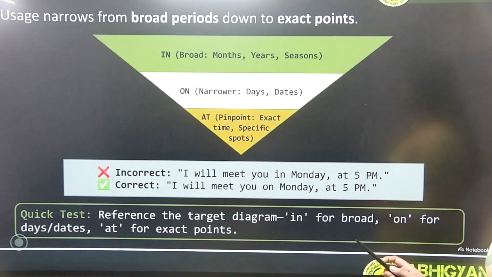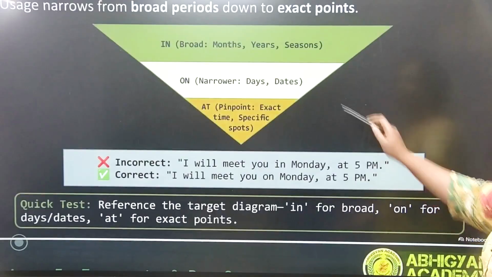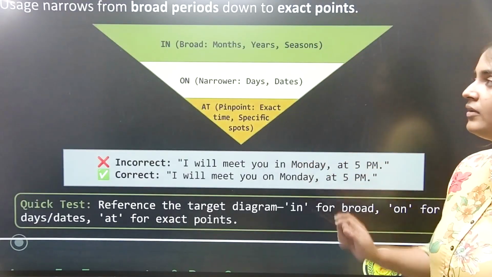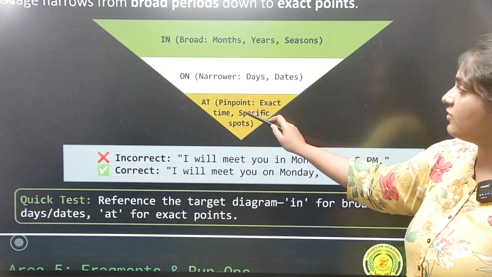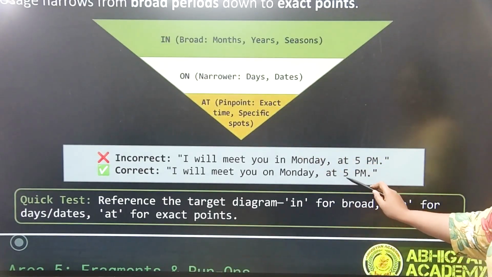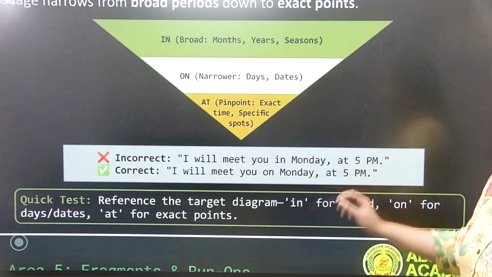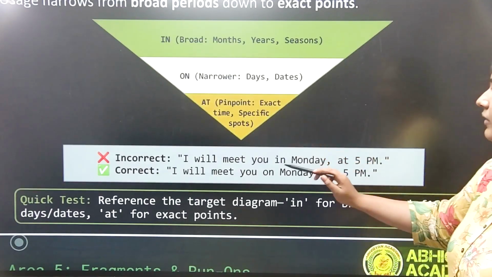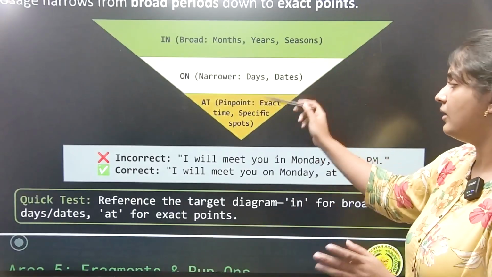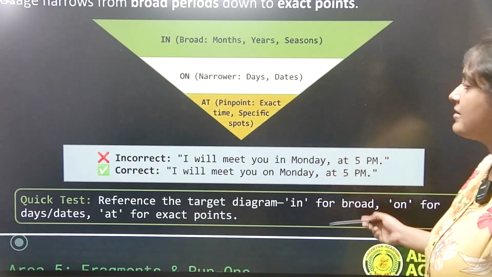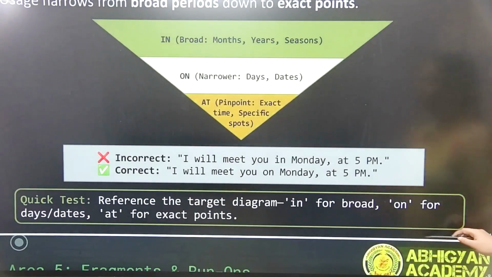I will meet you in spring. I have met him in the year 2024. Or specific जाना हो, then you do at. For time or specific locations, that is when you use at. So you have to start from in, ज़्यादा broad है on, it becomes narrower, and lastly at for specific times and spots.